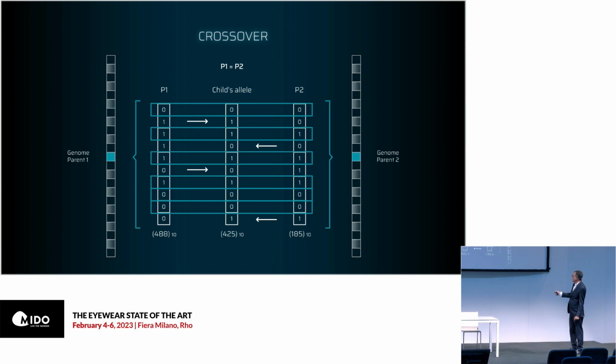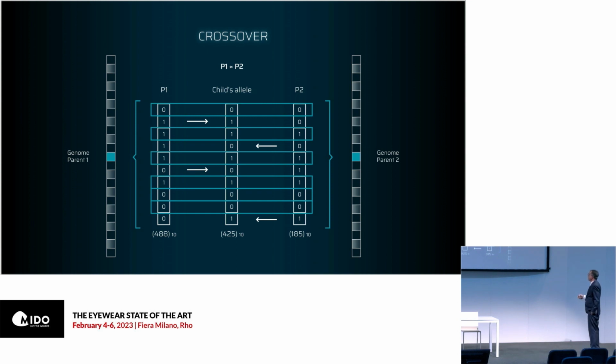So the child receives genetic information from parent 1 and parent 2. How much is received from parent 1 and parent 2 depends on the fitness score. If one parent was better than the other, we apply a higher probability of giving the genetic information to the child.